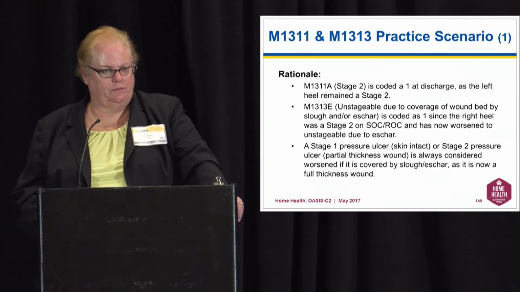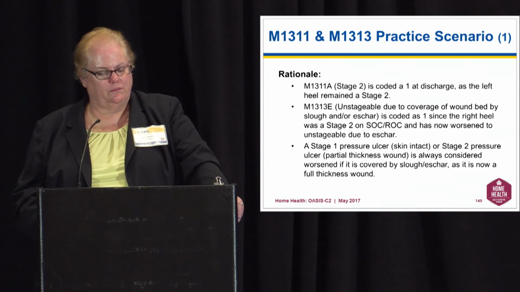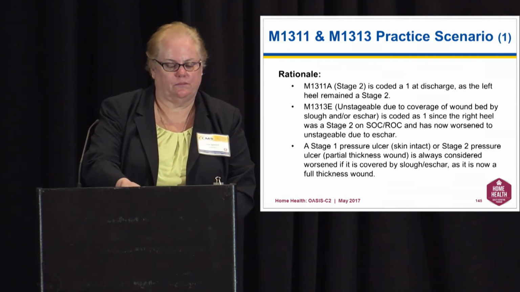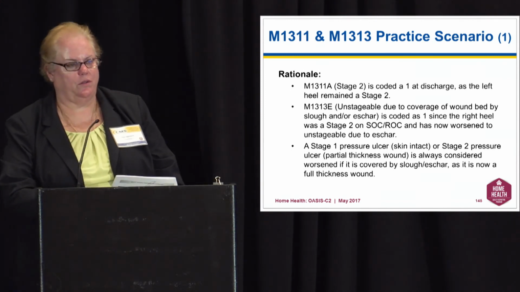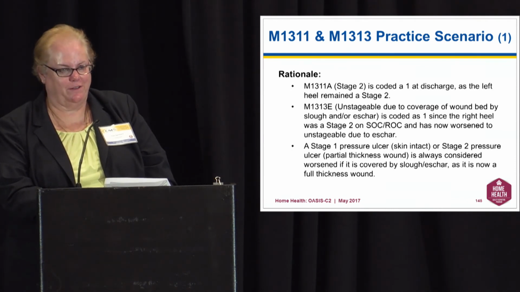Just real quick now, the way I read that, it sounded like one of those stage 2s was the evolving deep tissue injury, and then the next little bullet said after a few days, it changed and evolved to having a blood-filled blister, which is definitely a deep tissue injury. Suspected deep tissue, correct.